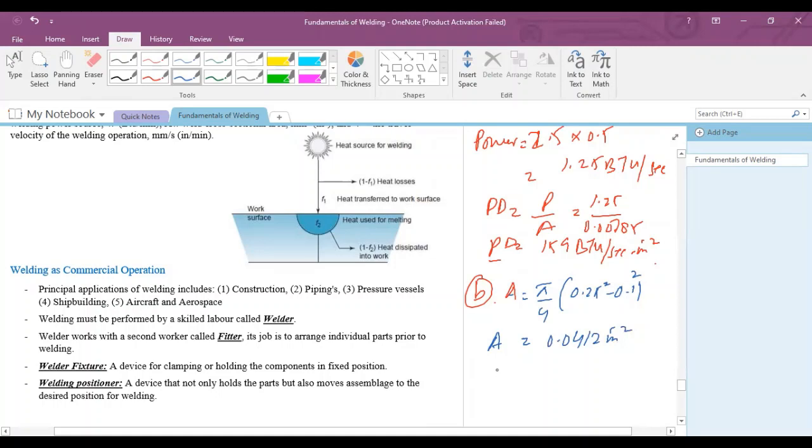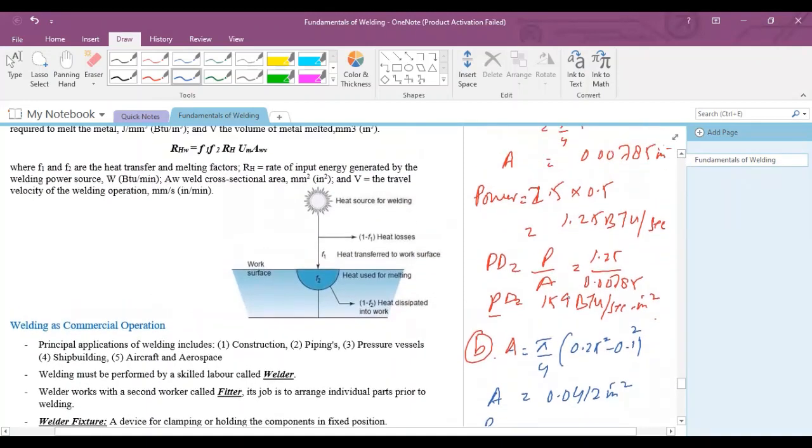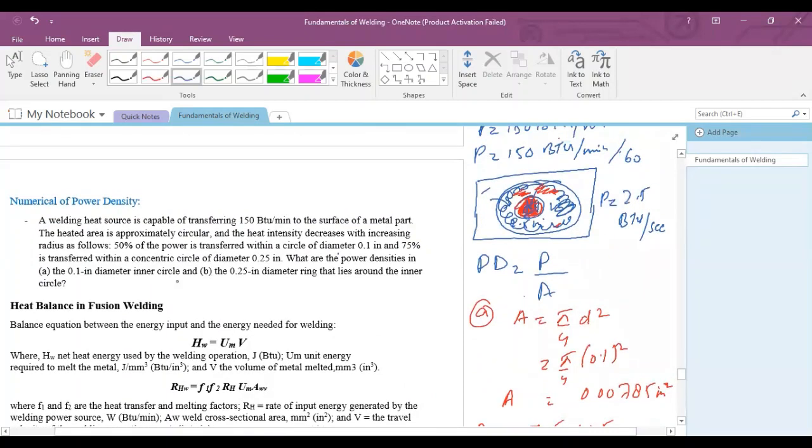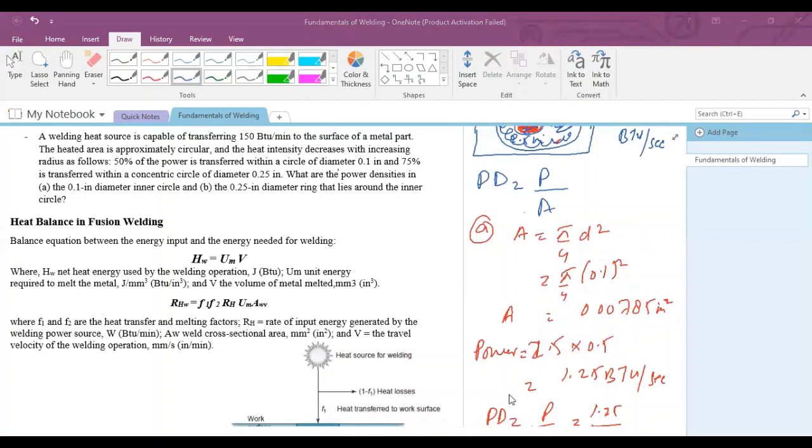Now we need to calculate the power transferred to this bigger circle. 75% of the power is transferred to the surface, and I will calculate this.